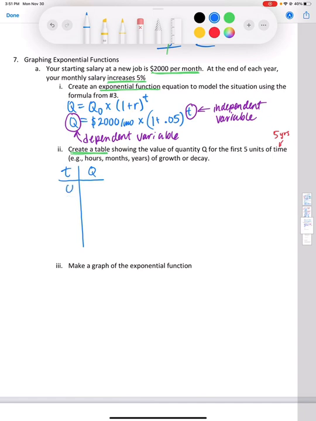So t: 0, we know that one's easy. 1, 2, 3, 4, 5.